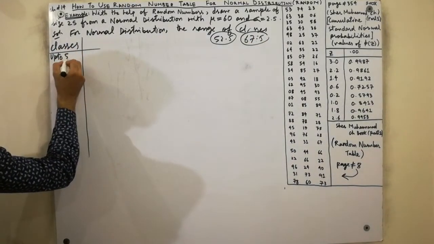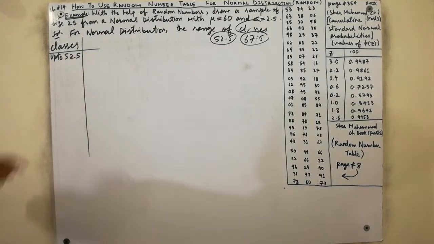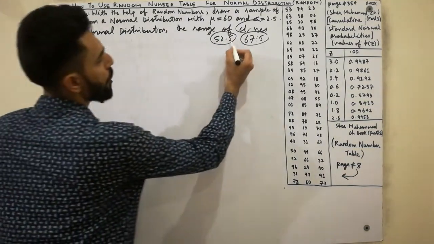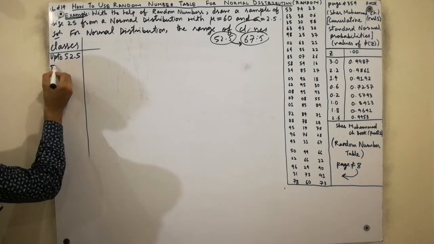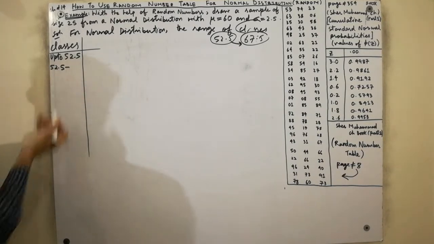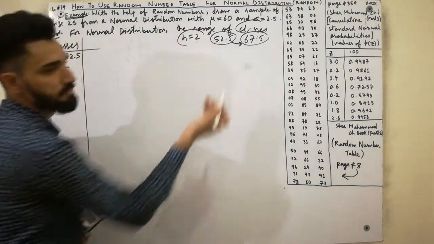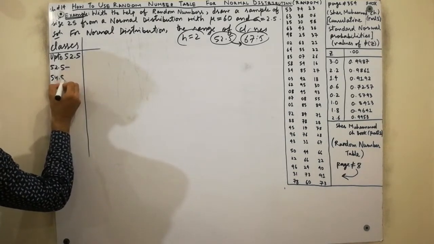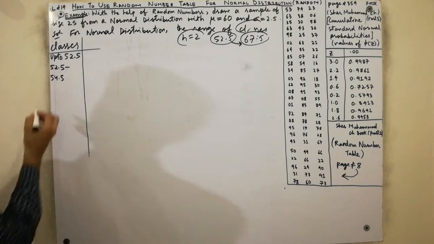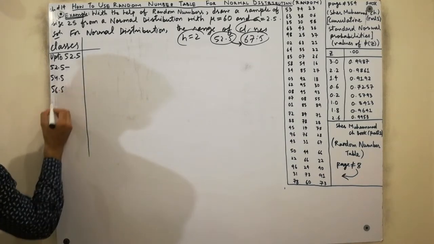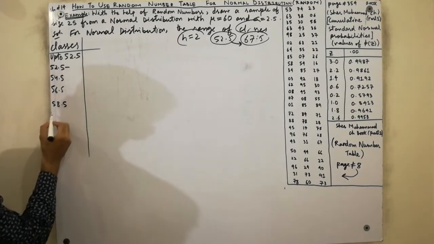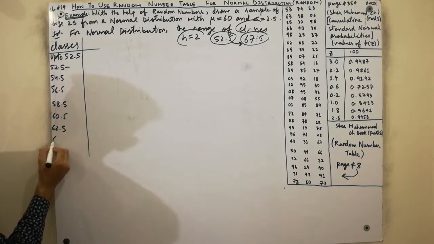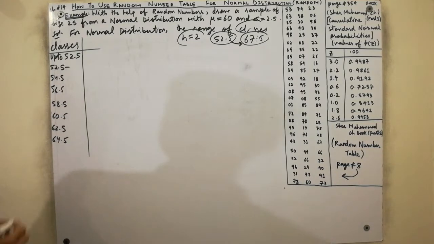We start with 52.5 and go up to 67.5. Adding the class interval of 2: 52.5 plus 2 will be 54.5, next 56.5, 58.5, 60.5, 62.5, 64.5.